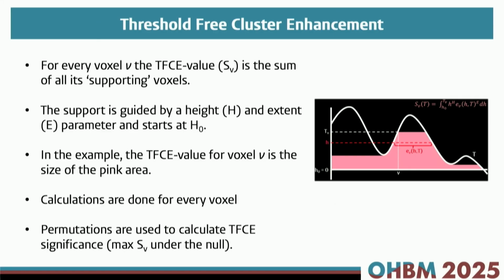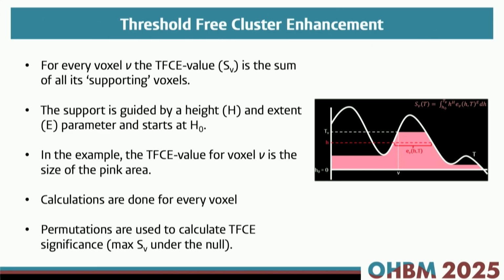So it adds up everything from a low threshold, this is H naught, until it reaches the maximum value, and it adds up and adds up. For every value that we have here, we have an extent and a height value. So this is H very close to 0. The extent is very large, so you have H to the power of capital H, and we have the extent of the support, and then everything is added up.